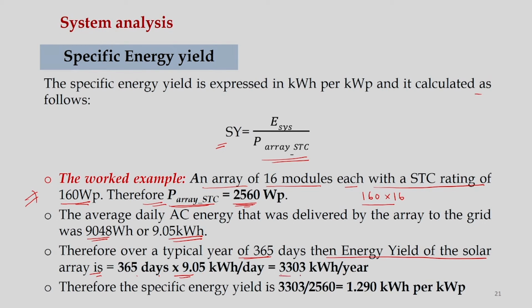So, it will be 3303 kilowatt hour per year. Therefore, the specific energy yield will be 1.290 kilowatt hour per kilowatt peak. This specific energy is very, very important. In this problem what we got is 1.290 kilowatt hour per kilowatt peak.